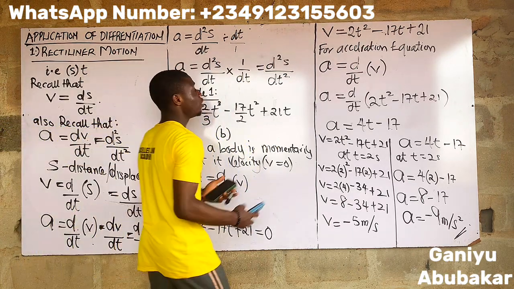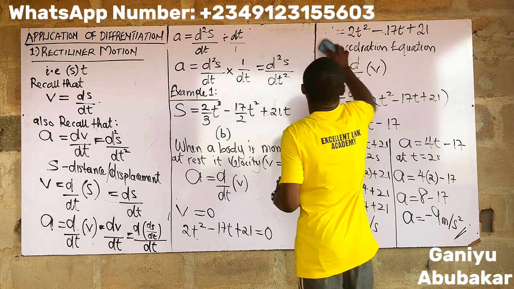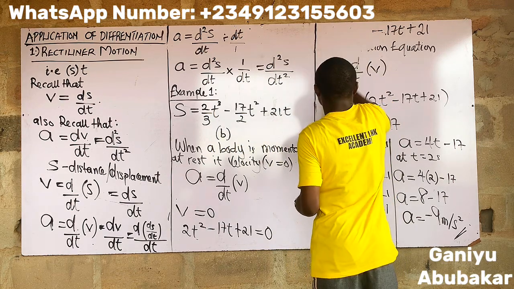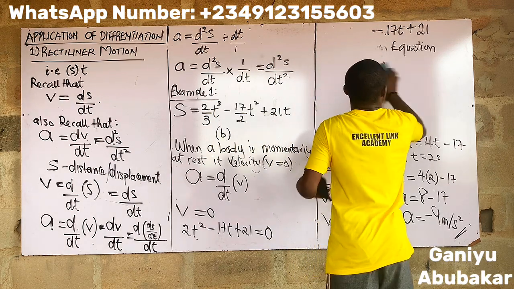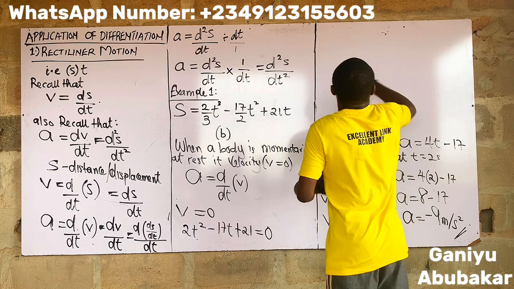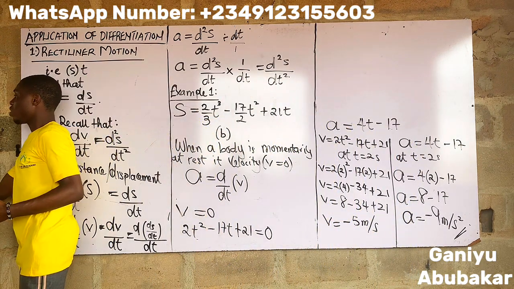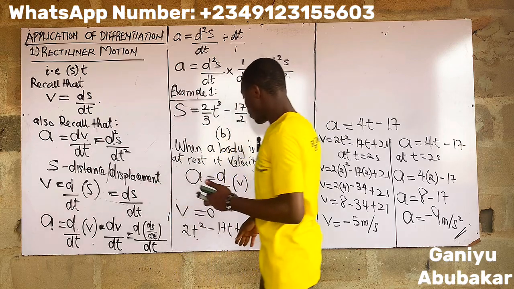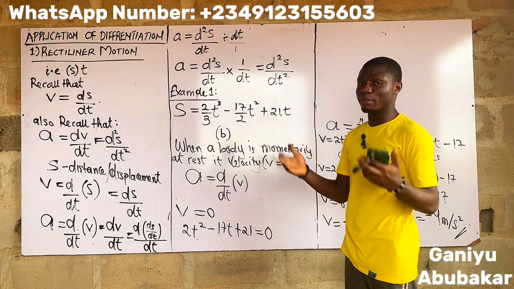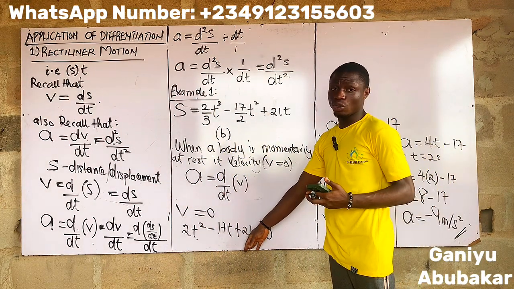Solving this using quadratic equation, what do I get? I will not start solving this one using quadratic equation. I'll just give you the answer. I believe by now you should know how to solve problems under quadratic equation.